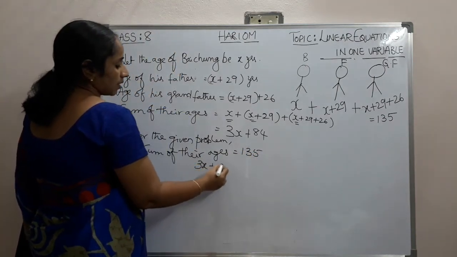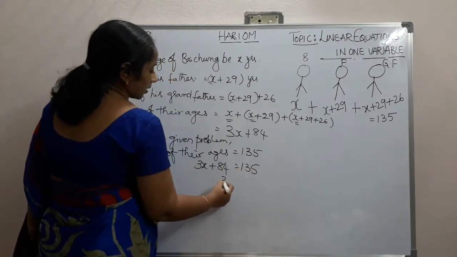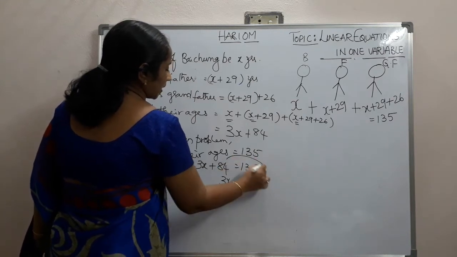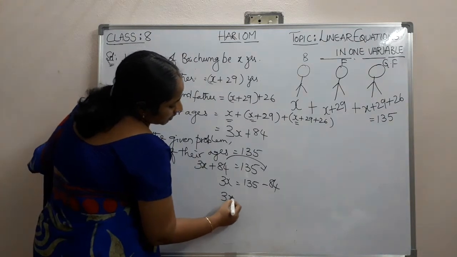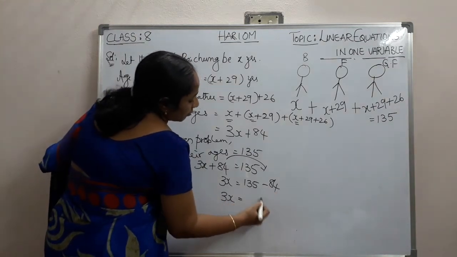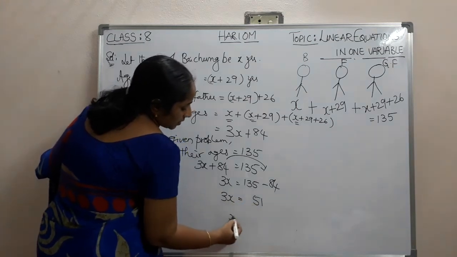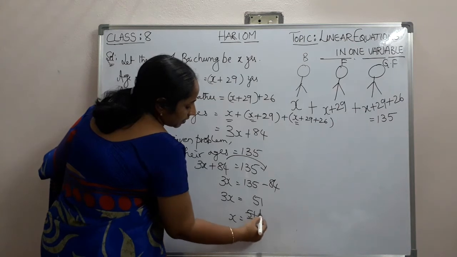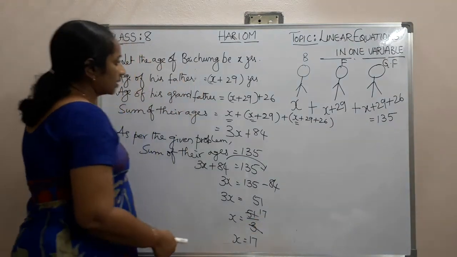So 3x plus 84 is 135. 3x is 135 minus 84, which is 51. x is equal to 51 by 3, it is 17.